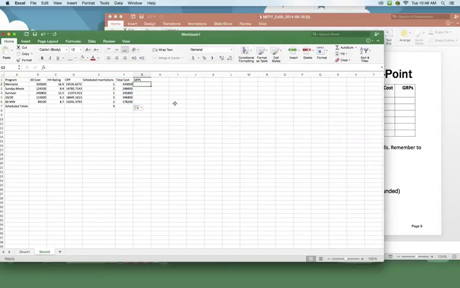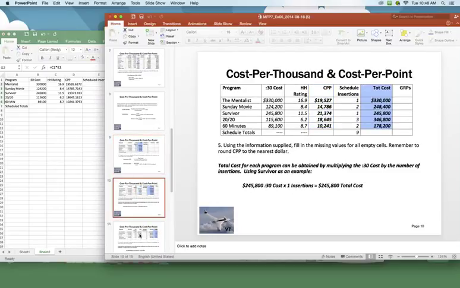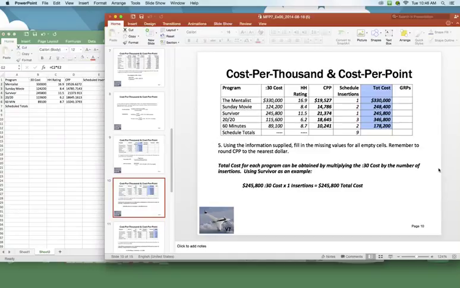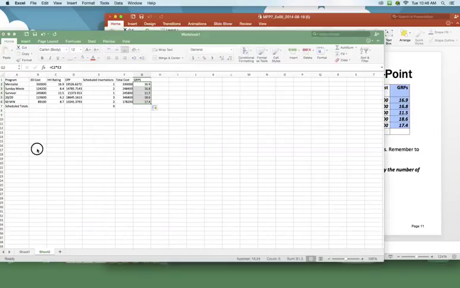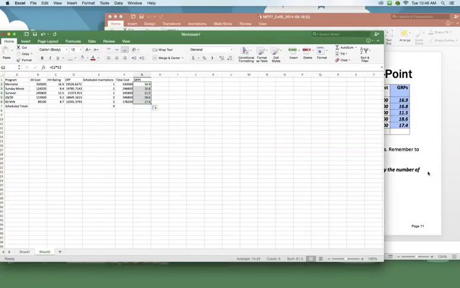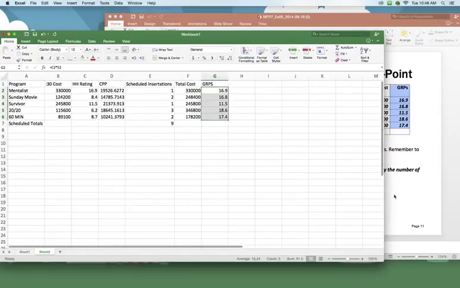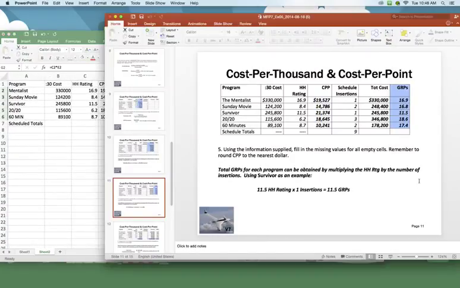Then GRPs, overall GRPs, is my rating times my insertions, 16.9. You'll see again everything corresponds the way I want it to, so that looks pretty good. Let me zoom in again. There we go. That looks a little better.